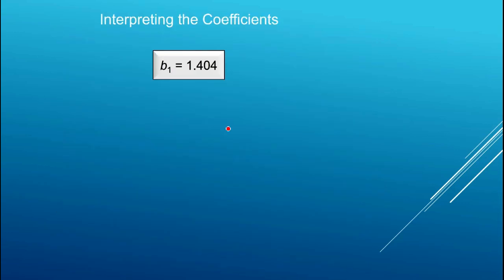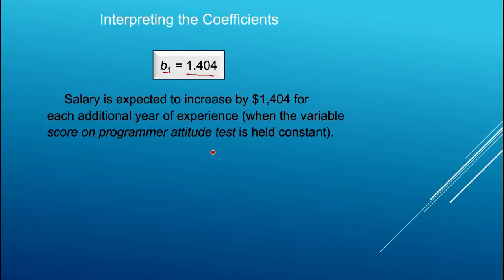So, interpreting the coefficients briefly before we move on to the topic of adjusted R squared, we've got beta 1 here. Beta 1 is 1.404, and the way that we interpret it is that if we hold programmer aptitude test scores constant, an additional year of experience leads to a $1,404 increase in expected salary. You have to remember that salary is measured in thousands.